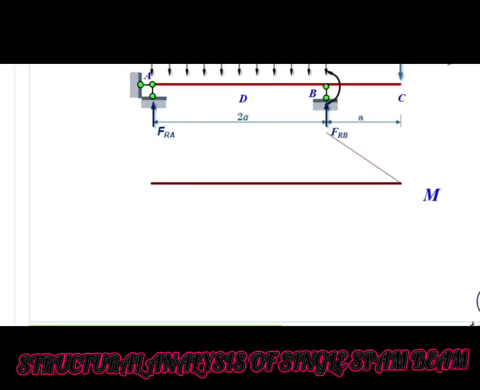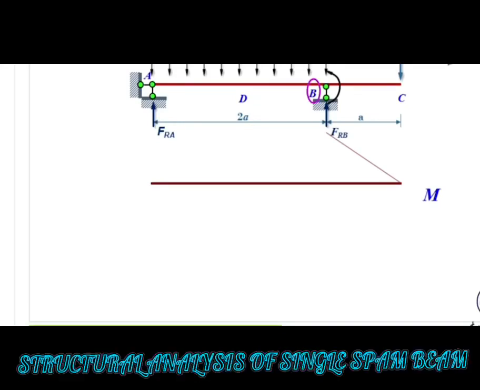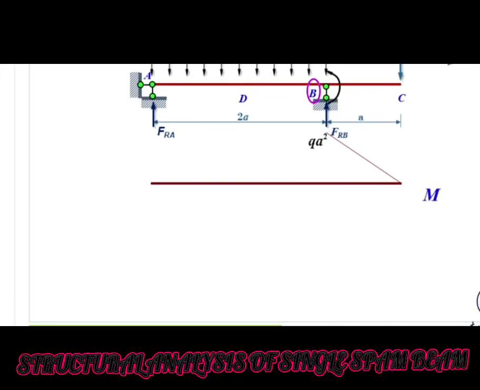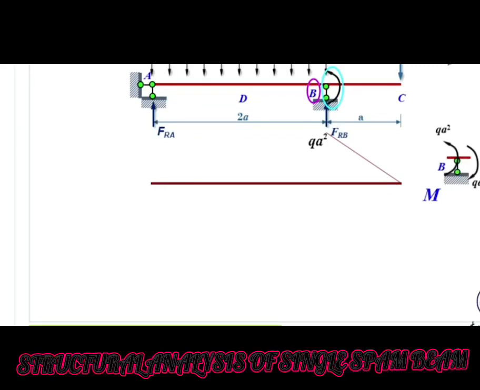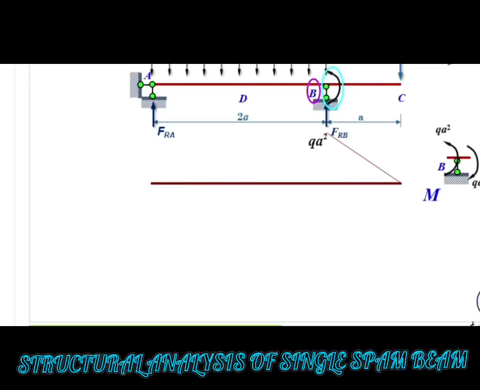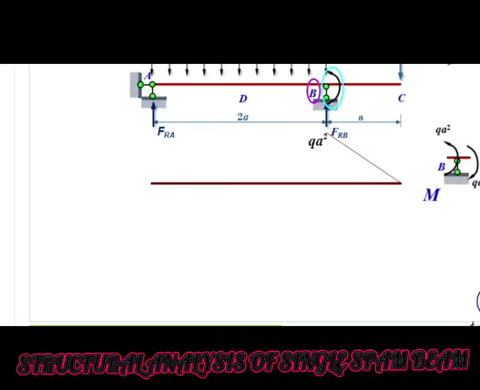For the right side of section B, M is equal to qa times a, that's qa squared. Now look at section B, because there is a moment acting on section B. According to the equilibrium condition of section B, we can draw section B's free body diagram as this figure shows.